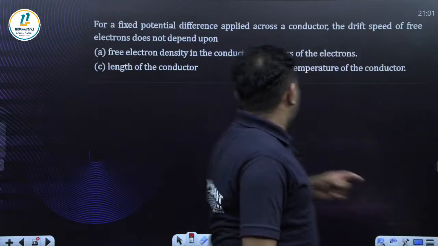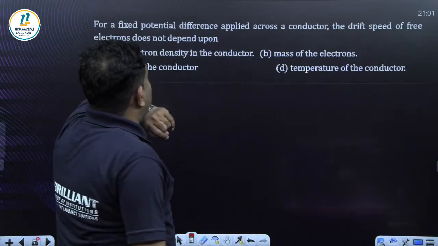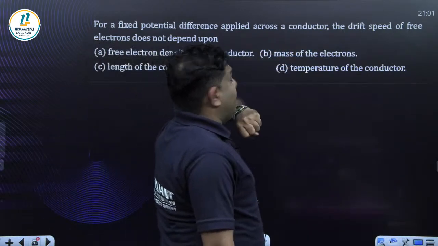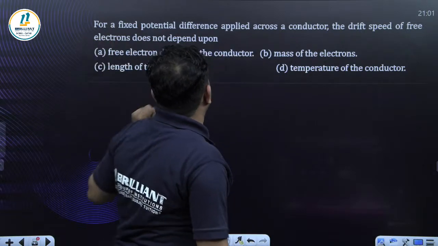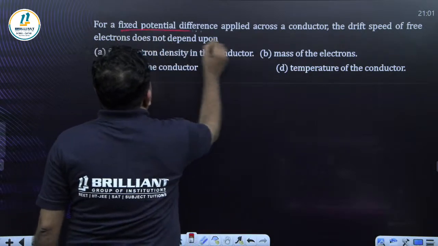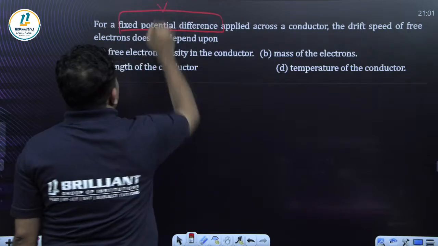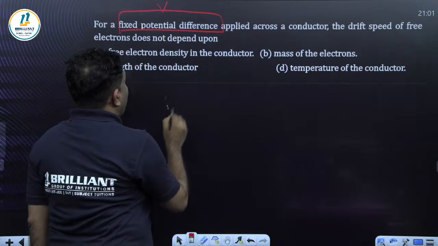Look at the question: for a fixed potential difference applied across a conductor, the drift speed of free electrons does not depend upon which? Look, fixed potential difference, fixed voltage. So which formula?